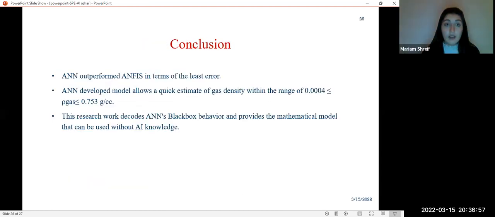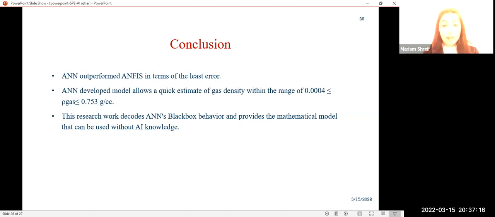And finally, ANN performed better than ANFIS in terms of the least squared error. We were able to develop an ANN model that allows a quick estimate of gas density within the range of 0.004 and 0.753 grams per centimeter cubed.